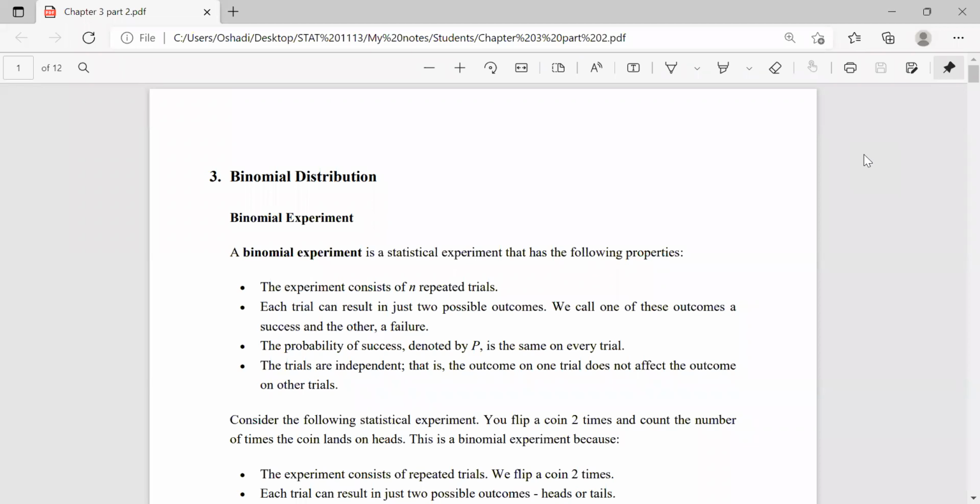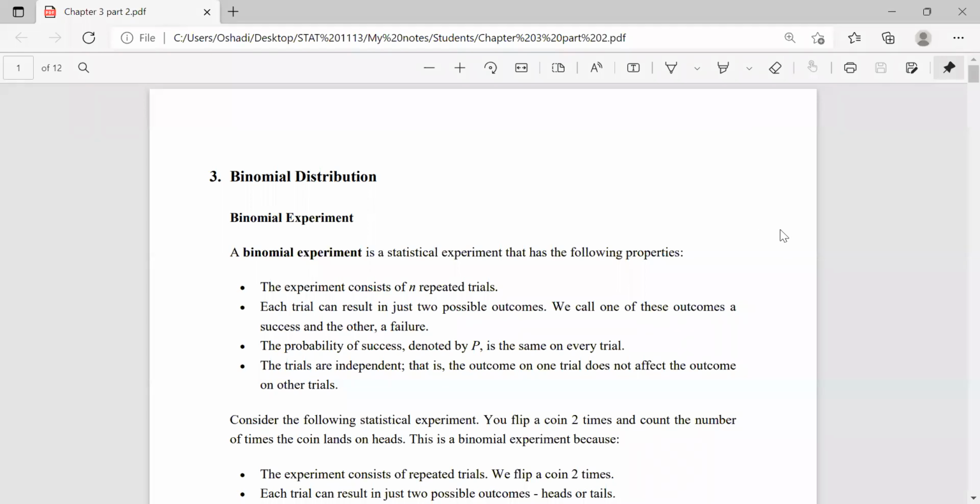When all the outcomes have the same probability of getting selected, it is called a discrete uniform distribution, and the probability distribution is given by 1/n.